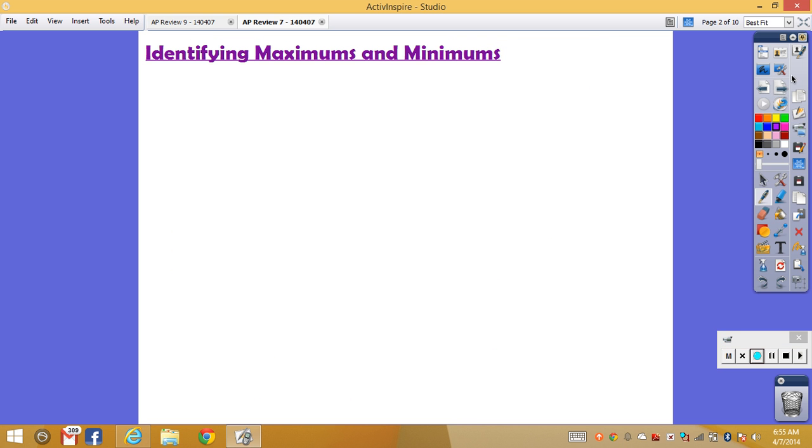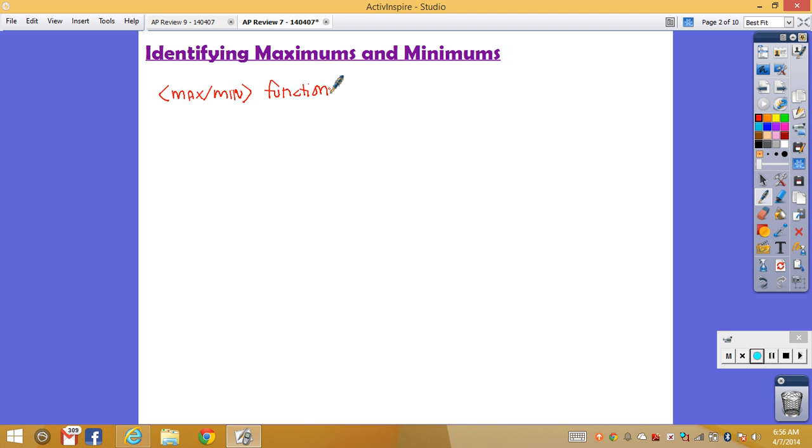So starting off, we're going to go through how to identify maximums and minimums. Remember that if I ask you to find the max of any function, just so that we remember what function to take the max or min of, we always write the word max or min next to whatever the function is.